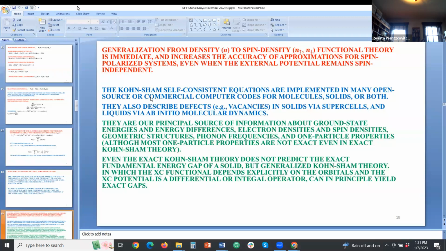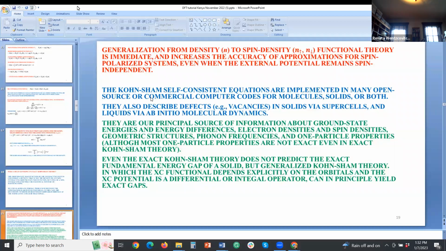Okay, so now you've seen the Kohn-Sham theory, the Kohn-Sham equations. These Kohn-Sham self-consistent equations are implemented in many computer codes. That includes the open source codes that you can get for free on the web, and also the commercial codes that you have to buy. There are many such codes that are written to implement Kohn-Sham theory for molecules or solids or for both.